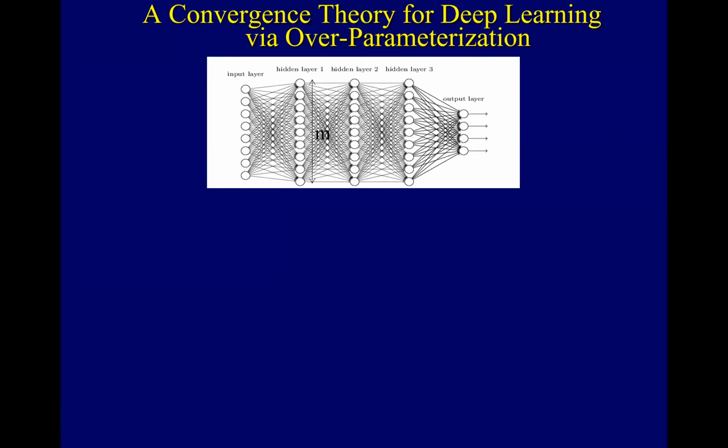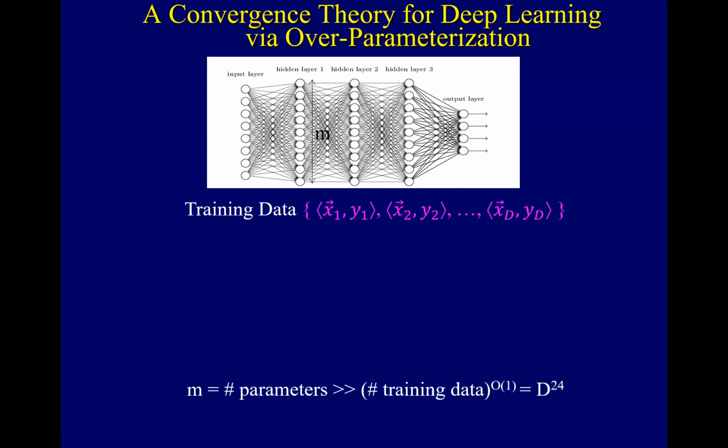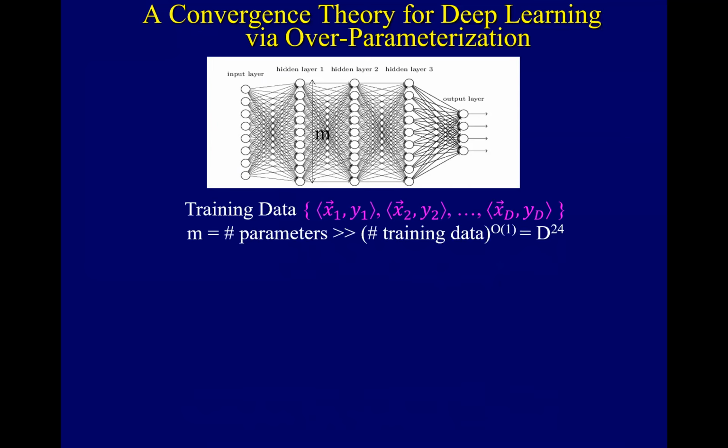So this is your standard neural net. We get training data, input output pairs, and our goal, and the paper is about overfitting. So having lots of parameters. The number of parameters is the weights on the edges, and we have way more than the amount of training data, right? So polynomial times more.